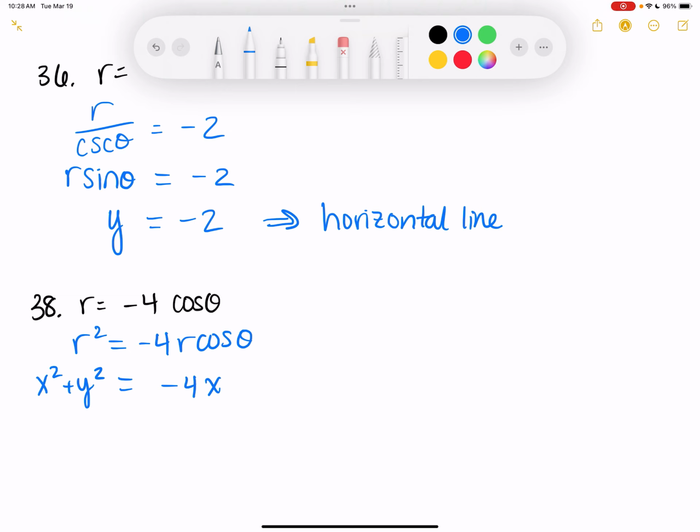I'm going to move the negative 4x to the left, so I'm going to add it. So I have x squared plus 4x, leave a space because we're going to need to complete the square, plus y squared equals 0.